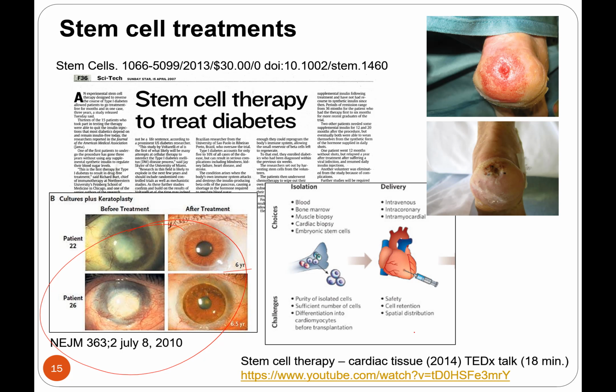They talk about repairing heart and repairing cartilage, diabetes. You're going to read about some of these. There's a cool TED Talk about this, regenerating cardiac tissue with stem cells.